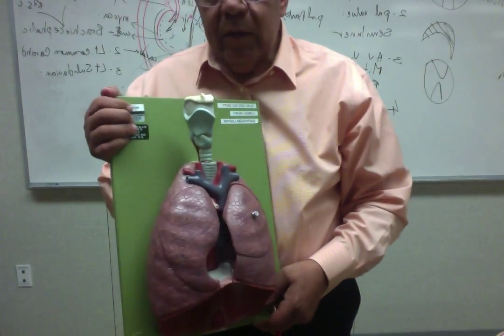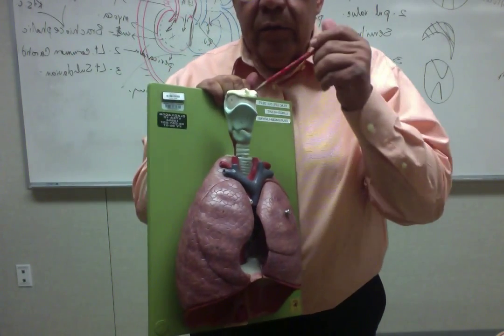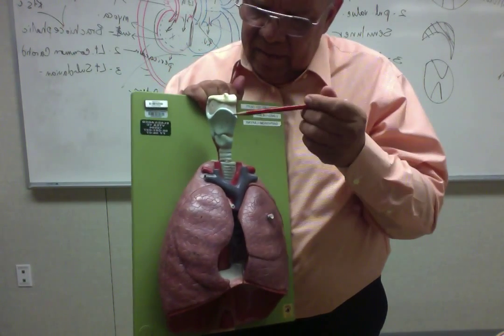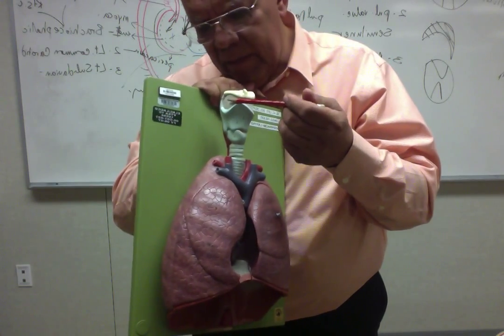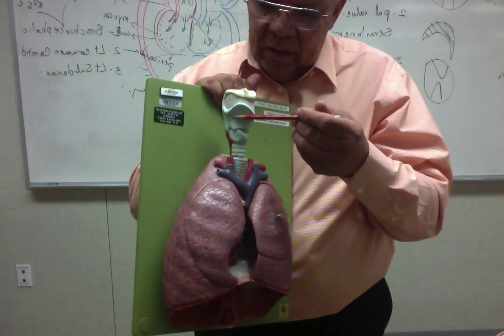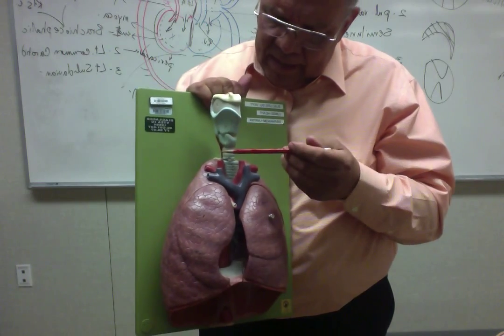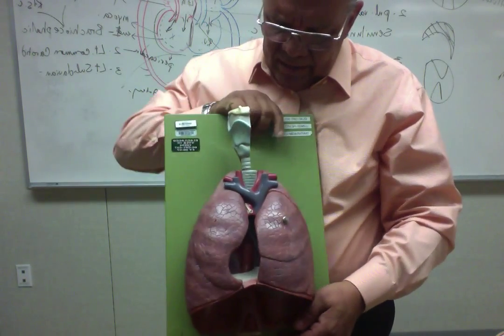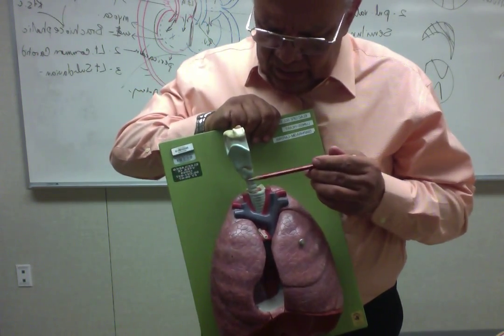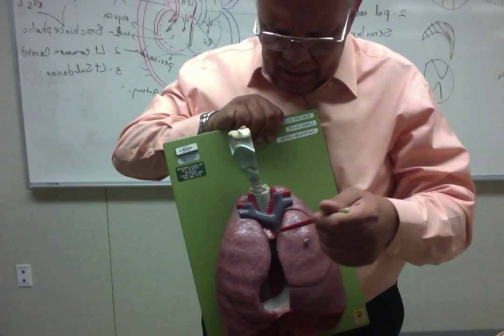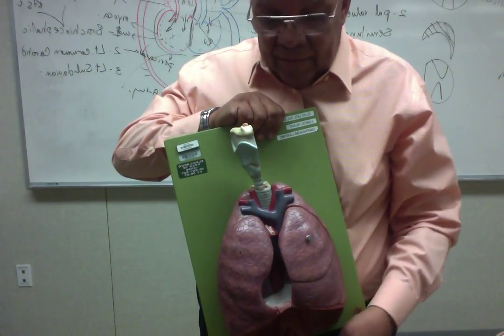This is again a quick review. Here is the hyoid bone at the top, then the epiglottic membrane, then the thyroid cartilage or Adam's apple, then the cricoid cartilage, and then the trachea. As you see, half of the trachea is in the neck, the other half inside the thoracic cavity.